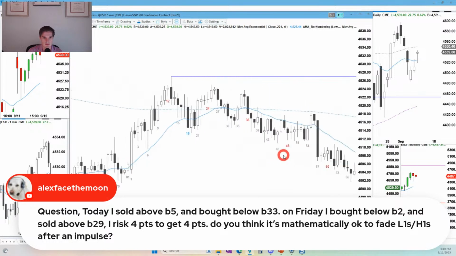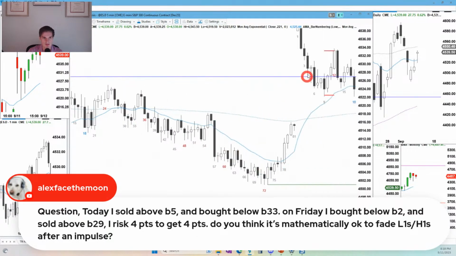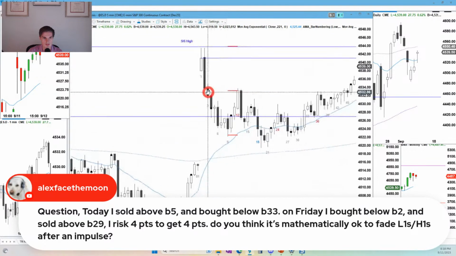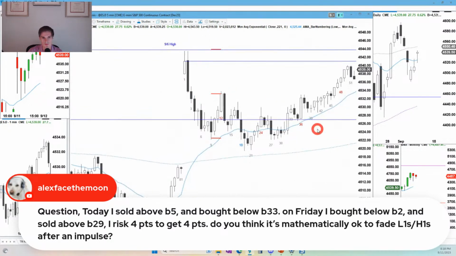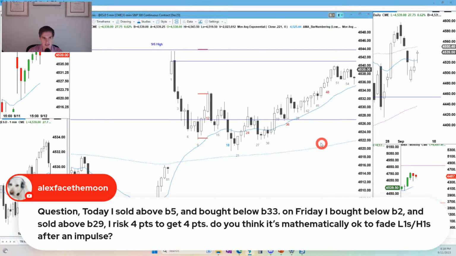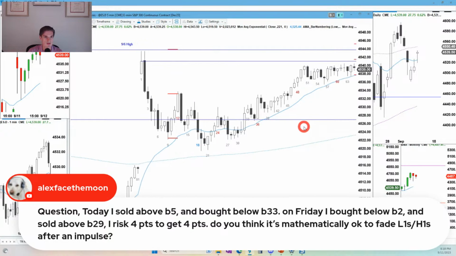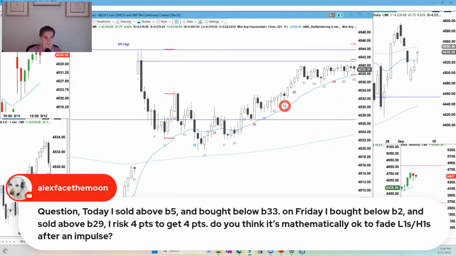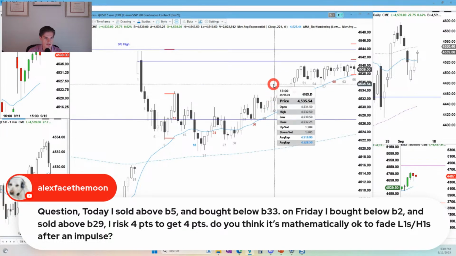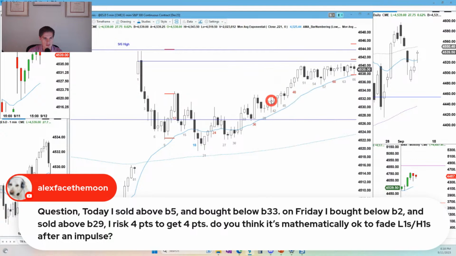And other than that, the only danger to fading low ones or high ones is situations like this. When the channel is really tight is when it becomes more and more dangerous. I'm trying to find an example. So here's an inside bar. Yeah, it's an inside bar.